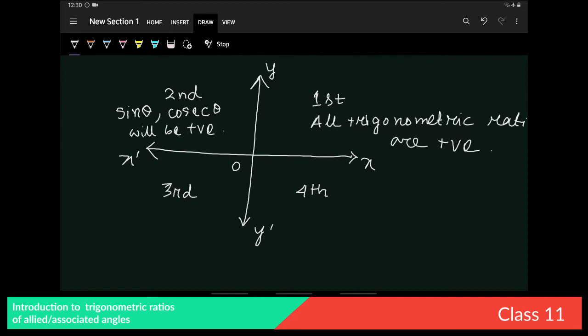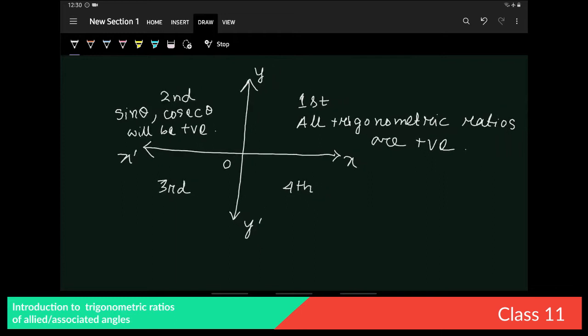Okay, so according to the sign convention, in first quadrant, all the trigonometric ratios are positive, and in second quadrant, only sine theta and its reciprocal, that is cosec theta, will be positive, and all the other trigonometric ratios are negative.